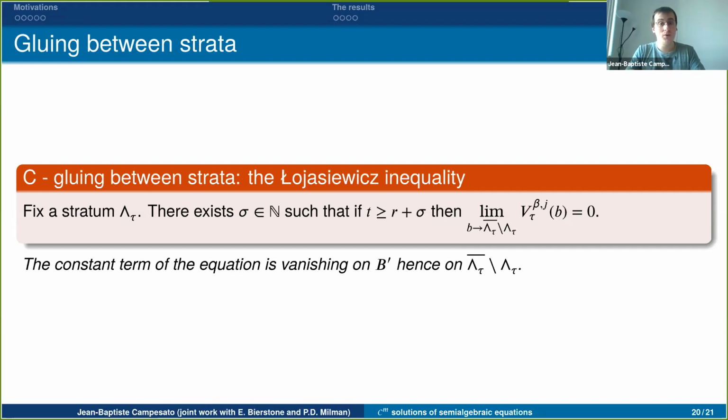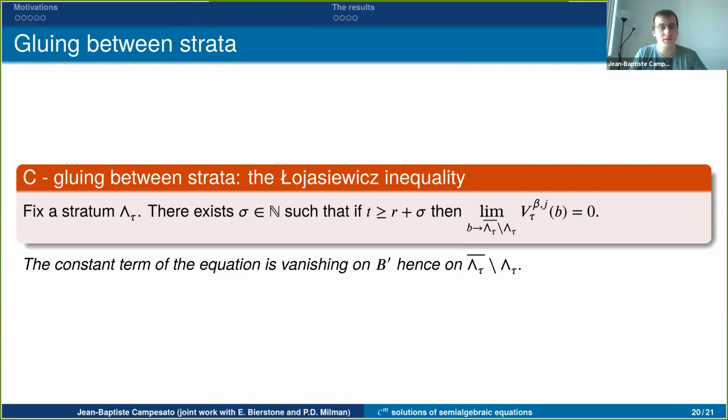between the strata, and that's where you will have a third loss of differentiability. Using the Łojasiewicz inequality, we can show that if you start once again with a higher level of regularity, the coefficients of the reconstructed Whitney field will go to 0 when we get closer to the boundary of the stratum.